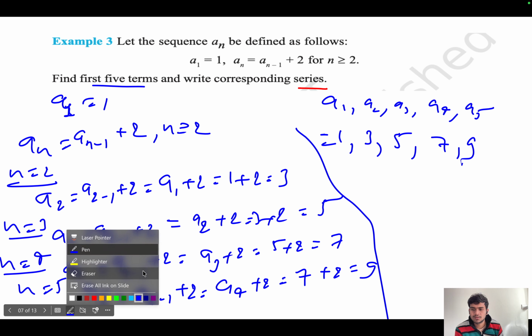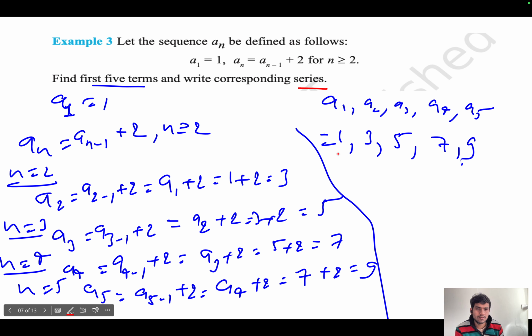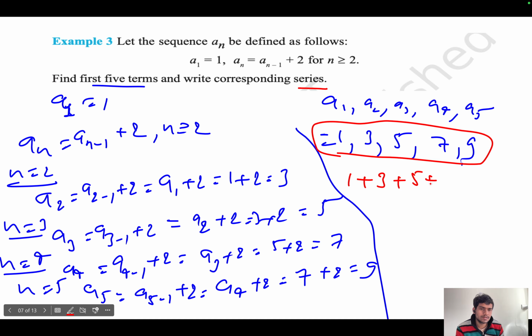This is our sequence, and for this sequence we need to write the corresponding series, that is 1 plus 3 plus 5 plus 7 plus 9. This is the corresponding series of this sequence.